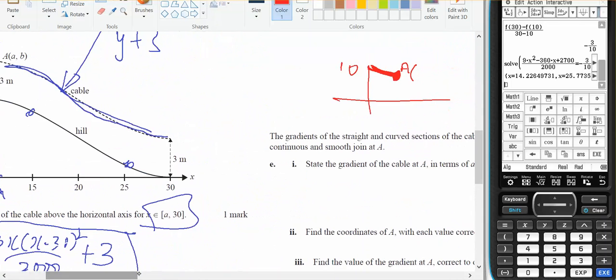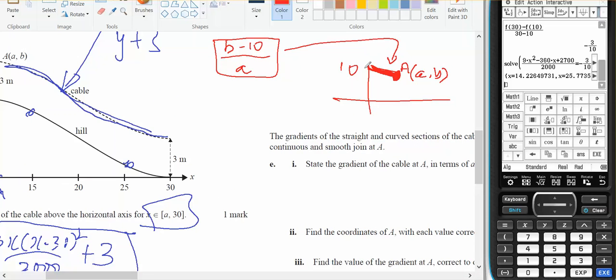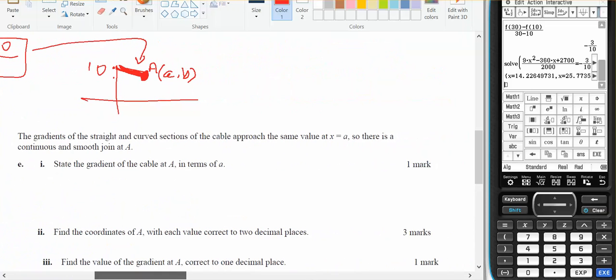AB. So the gradient of that will be rise over run, so B minus 10 over A. That's what that gradient will be, rise over run. It goes down from 10 down to B, so that's B minus 10, and the run is A.